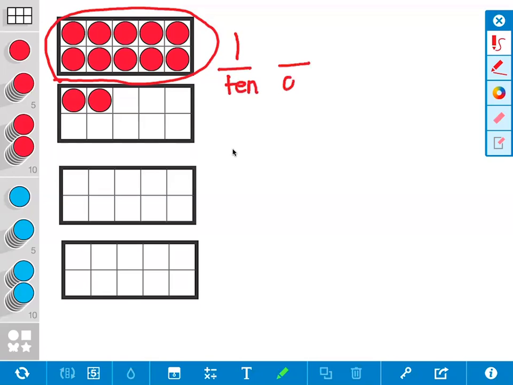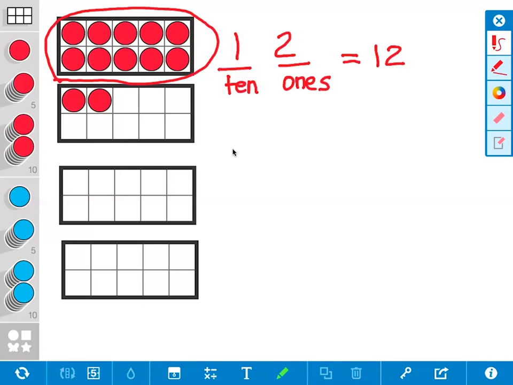Then I'm going to look to see how many ones, and I see there are 2. And we know that one group of 10 and two ones make the number 12, which was a teen number. So you can use 10 frames to also show you how to make those teen numbers.